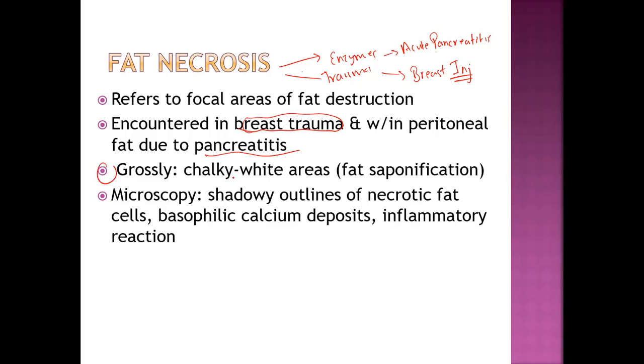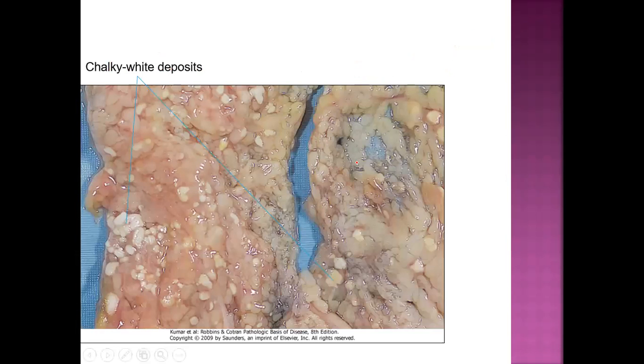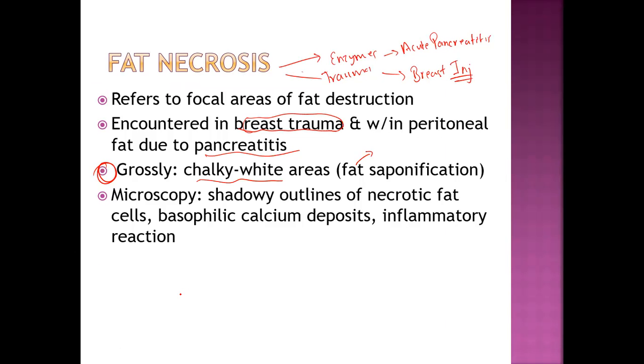Grossly, if we see, there will be chalky white areas. It is due to fat saponification. So let's talk about fat saponification. In acute pancreatitis, enzymes get released. Lipase, the most important lipid-breaking enzyme, is released and acts on lipids with co-lipase.